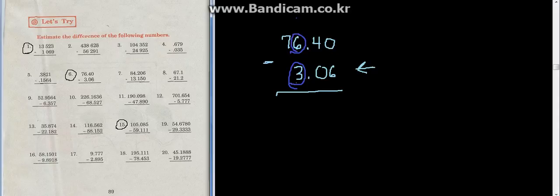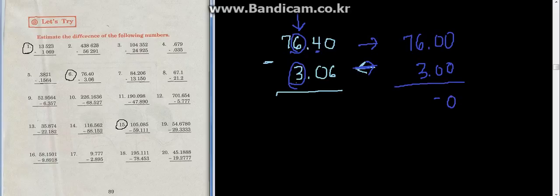So we'll round it off to the ones place. If we do that, we will get 76 and 00, because the number to the right of 6, which is 4, is smaller than 5. And for the second number, we will obtain 3 and 00. So when you subtract 3 from 76, you will get 73.